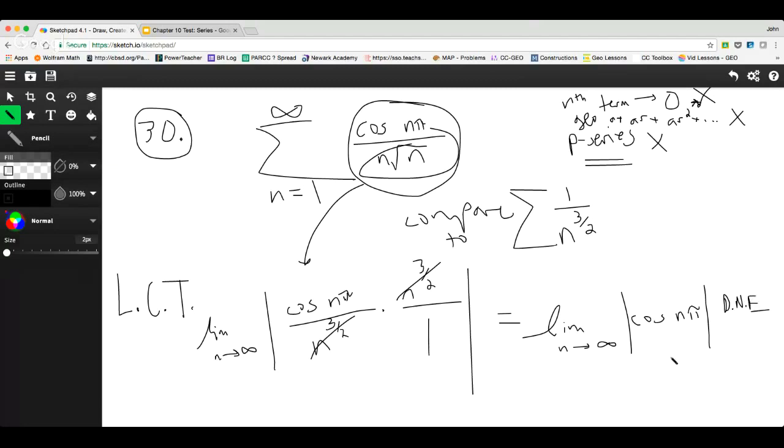Think about this for a second. So we have n pi. Technically that does not exist because this value is oscillating, so we can't say it equals 1.